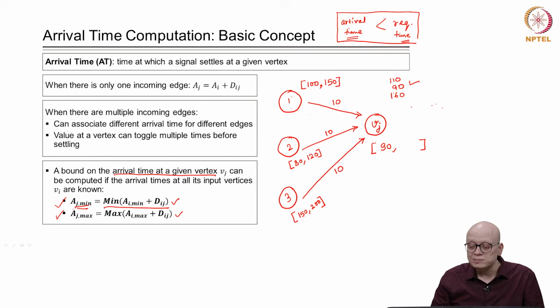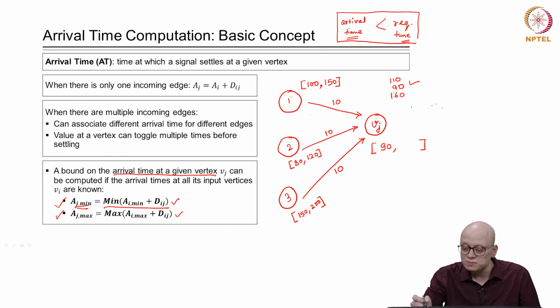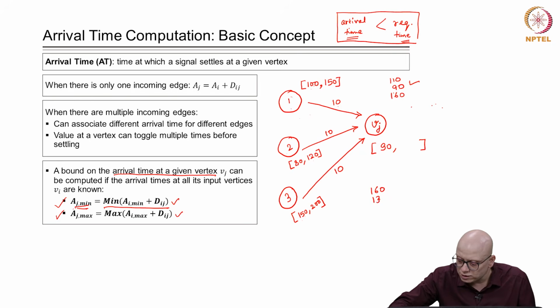And what will be the maximum arrival time? We take the maximum for each vertex, add the delay, and see which one gives us the maximum. For the first path from 1 to Vj, 150 plus 10 is 160, 120 plus 10 is 130, and 200 plus 10 is 210.